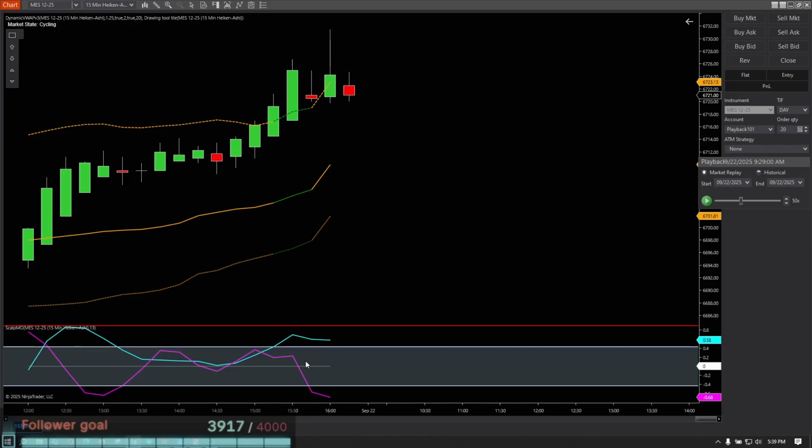Now, for those of you who are with prop firms or are not well funded, you don't want to trade off a 15-minute chart. This chart is good to gauge market structure. It's good if you're self-funded. It's not good if you're with a prop firm, okay?